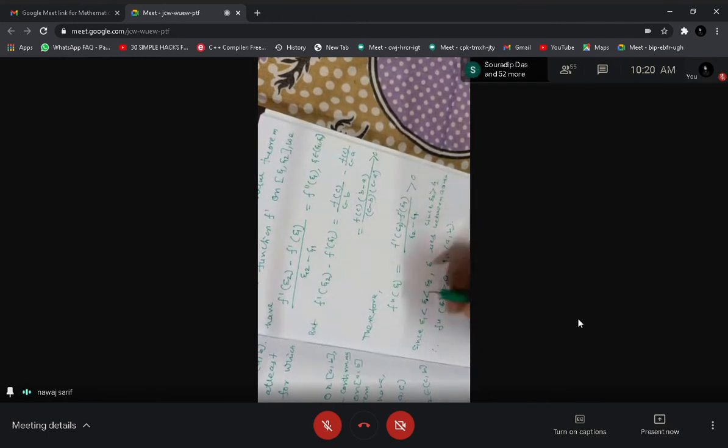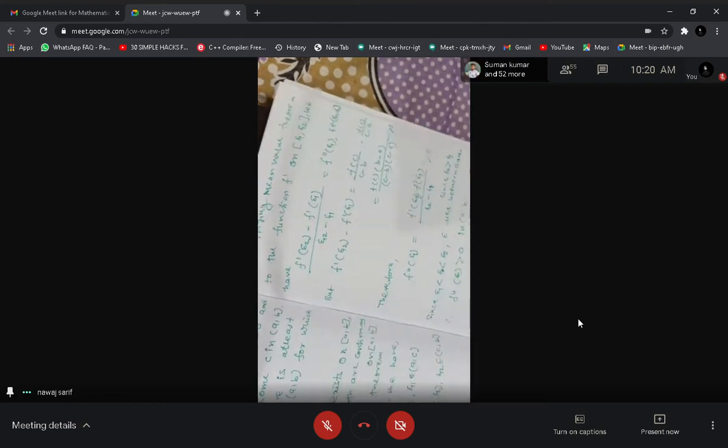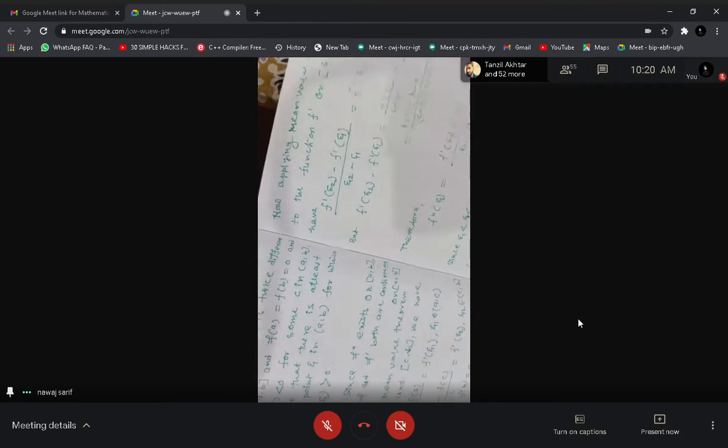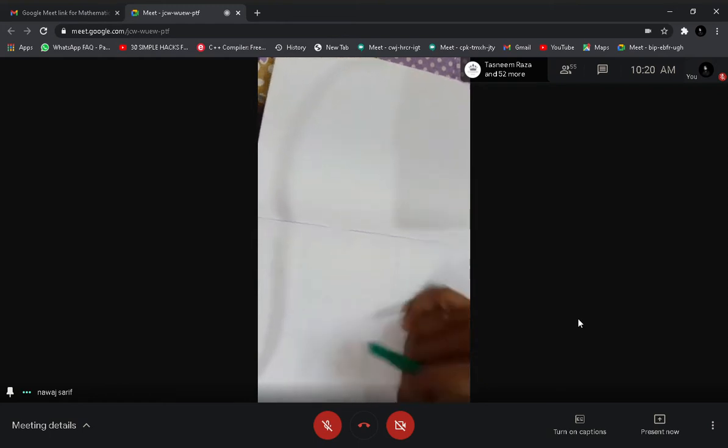So you have to prove this one, that f double dash xi is positive in the open interval ab. Okay. So any doubt? So then we'll do another example.